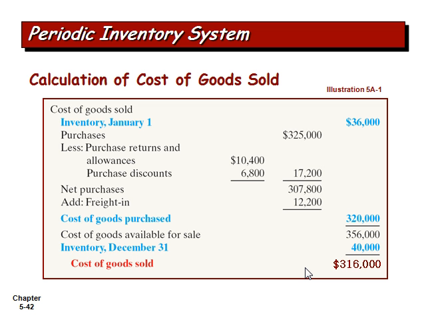So if we started the year with $36,000 and purchased goods worth $320,000, that means we had cost of goods available for sale of $356,000. We go out on December 31st and do a physical count. Lo and behold, we have $40,000 worth of goods on hand. That means we must have sold the rest, or $316,000.